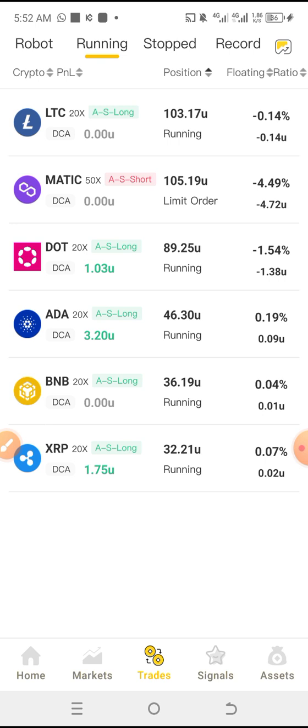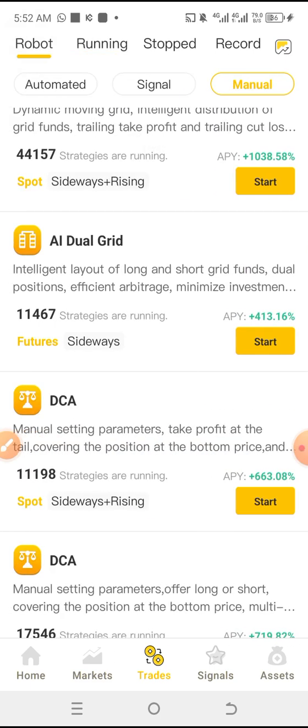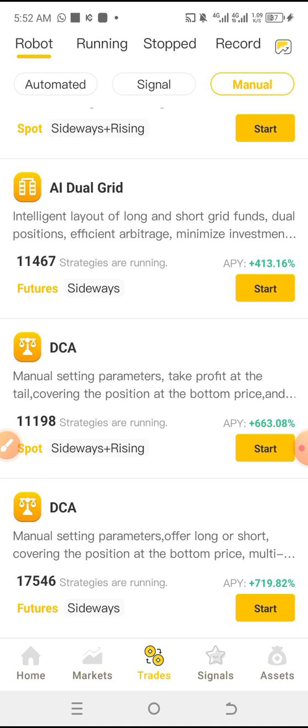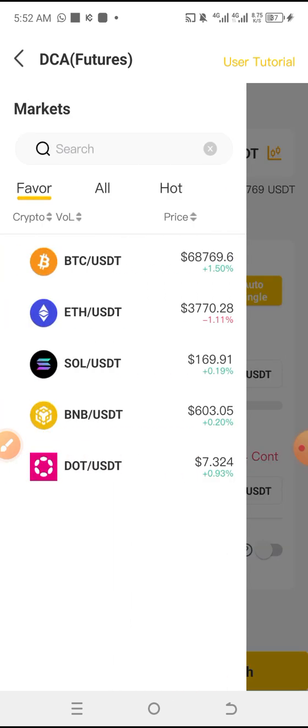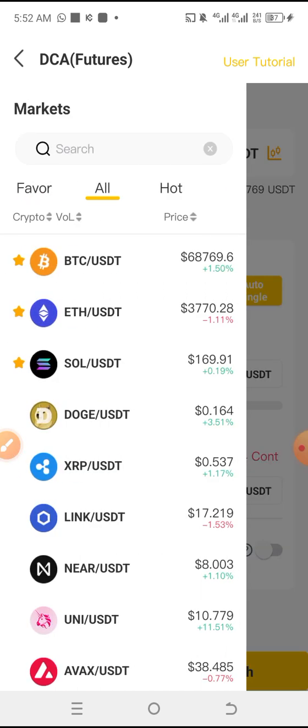Okay, LTC. Okay, we have Matic, Ada, Dot. What other coin? I could put Algo. Algo also does some little movement on its own. I don't want coins that would go outrageously. I want low volatility coins.